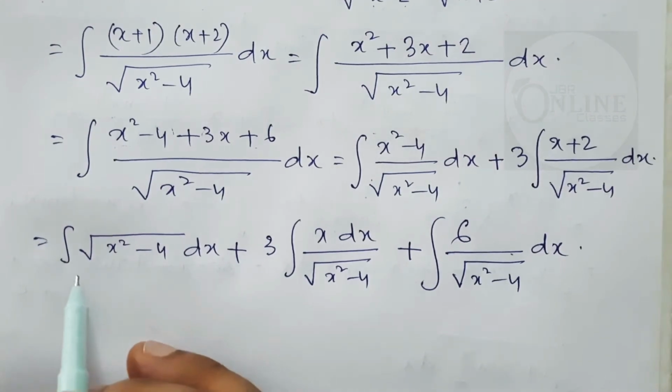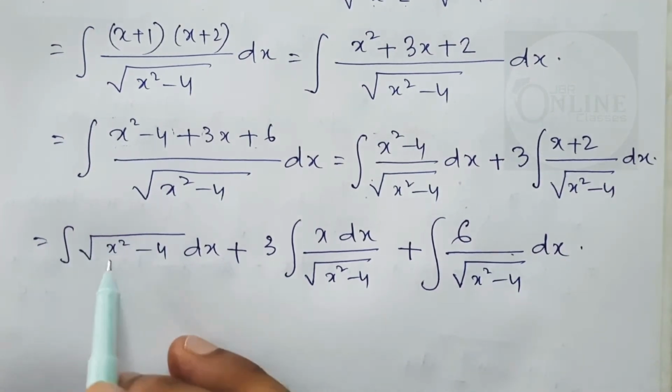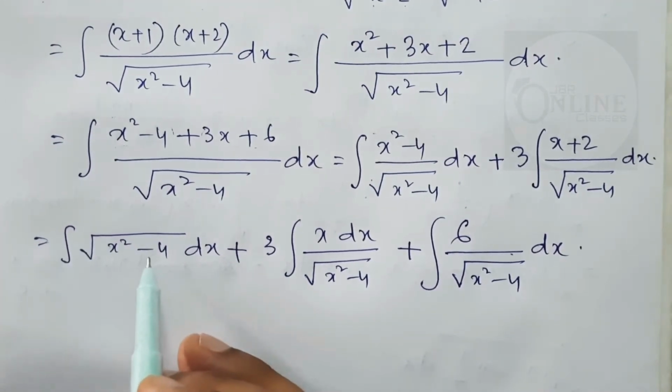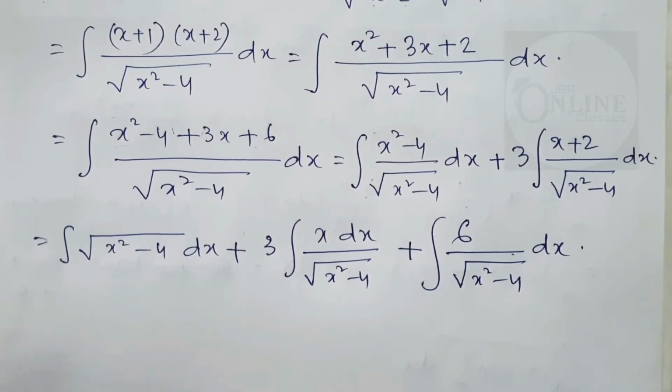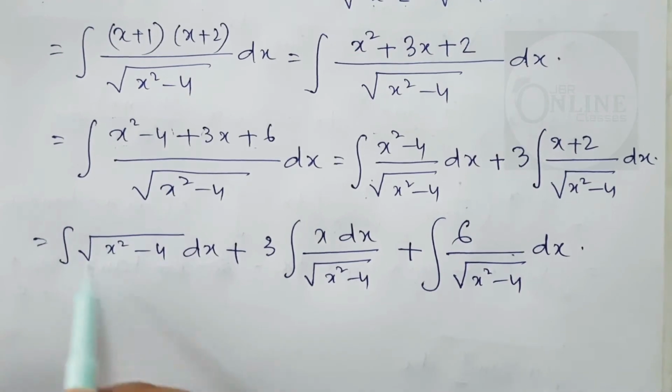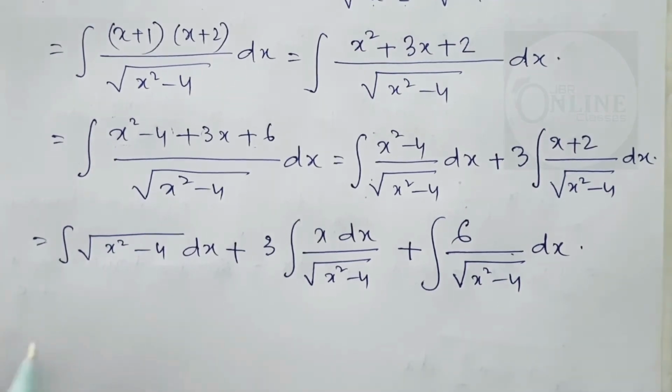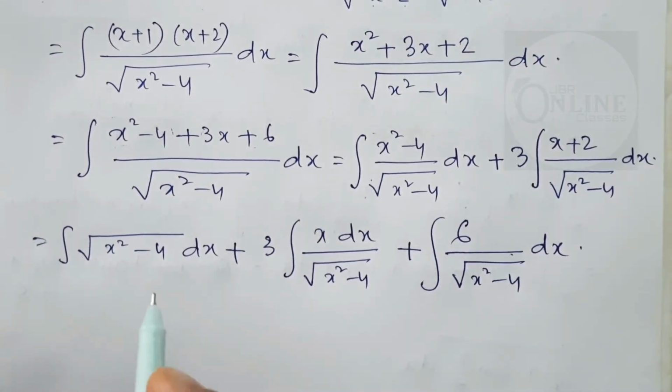Now we have a standard formula for root over x square minus a square. You should always remember those standard formulas, because if you don't, you have to do this integration on your own on the spot, and that will take a lot of time. So I will always suggest that you please try to remember the standard formulas. That will help you.